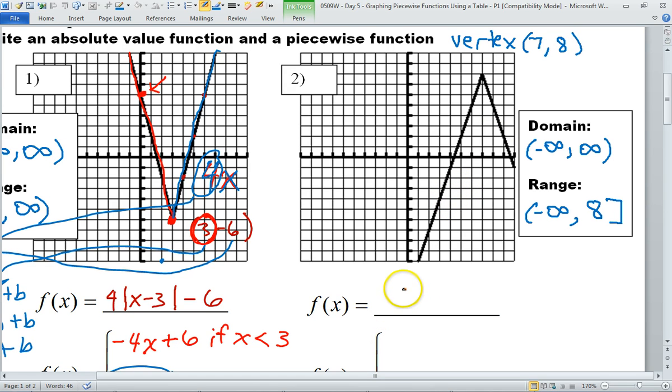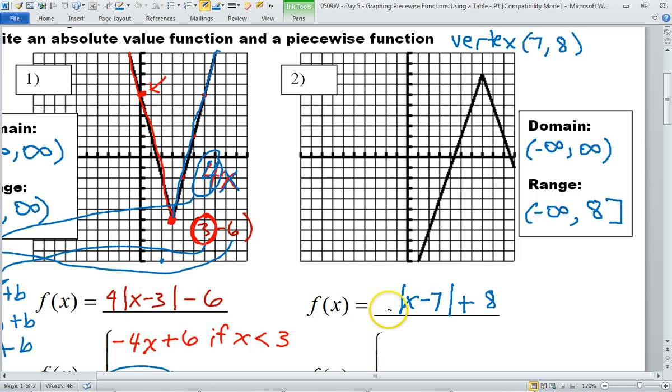That should help me write most of the absolute value function. What goes inside the absolute value? X minus 7. It's always the opposite of the x. What goes on the outside of the function? Plus 8. That gives me most of the absolute value function.